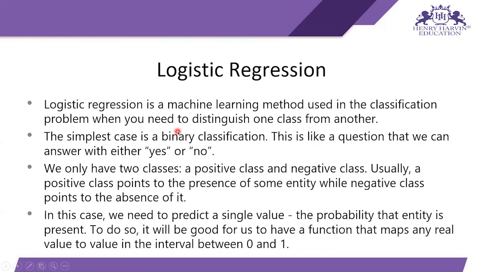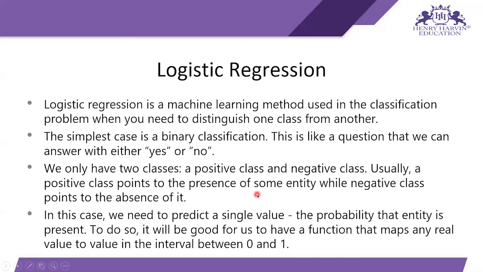Logistic regression is a machine learning method used in classification problems when you need to distinguish one class from another. The simplest case is binary classification. This is like a question that we can answer with either yes or no. We only have two classes, a positive class and a negative class.